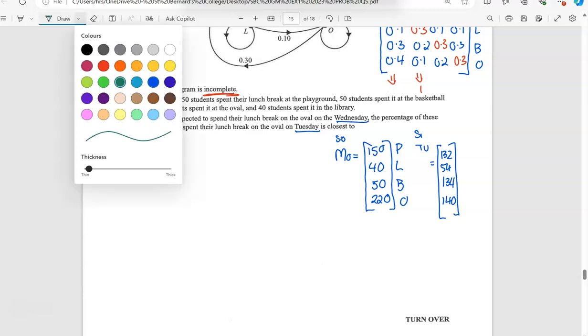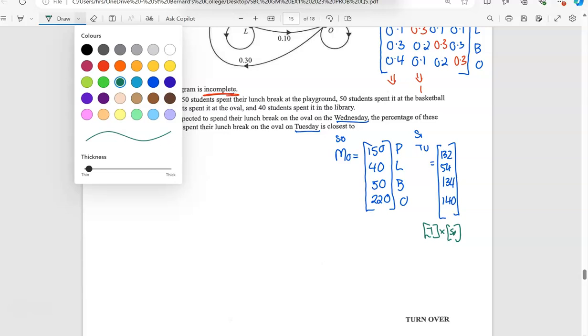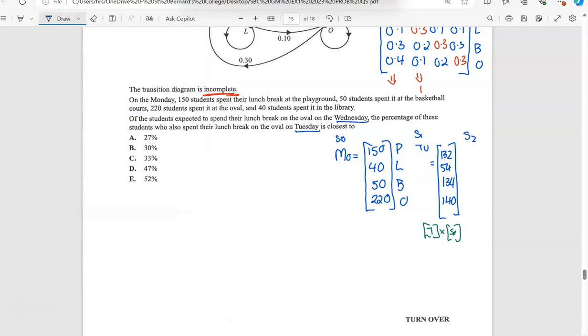Yes, I did T times S0, or Monday's. And then that is Tuesday, and we also needed Wednesday, S2. If I do Wednesday, I've got 144, 57, 133, and 127. So I've got all the days they're talking about.